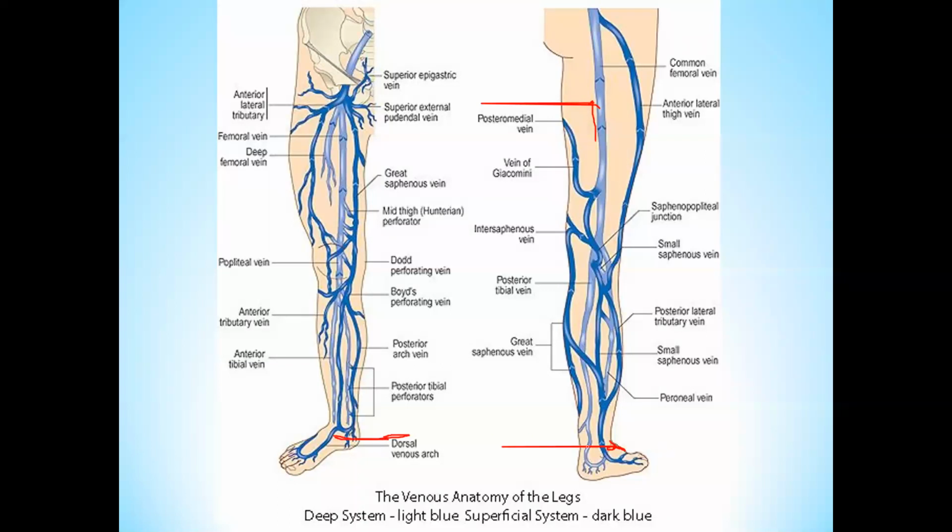The small saphenous vein courses posterior to the distal leg, in the saphenous fascia above the gastrocnemius muscles, and the great saphenous vein courses in the saphenous fascia at the medial aspect of the leg.